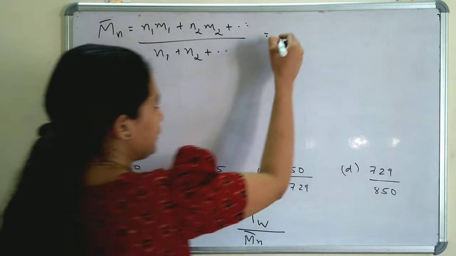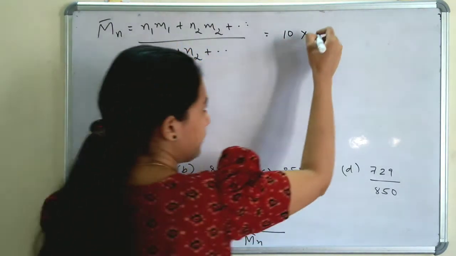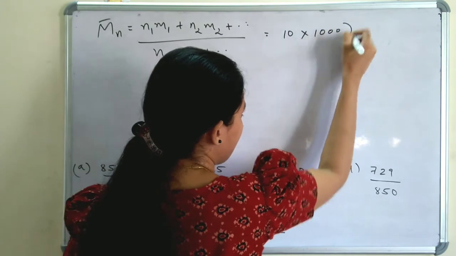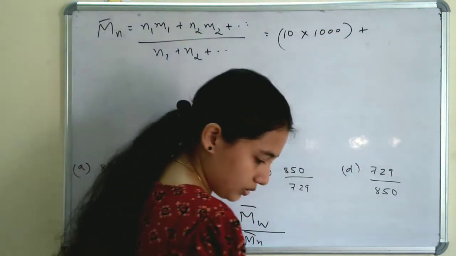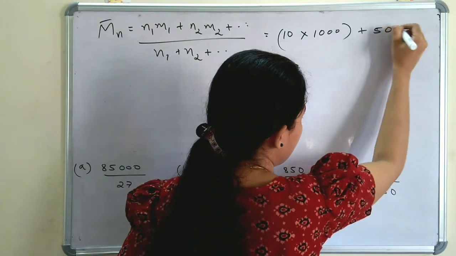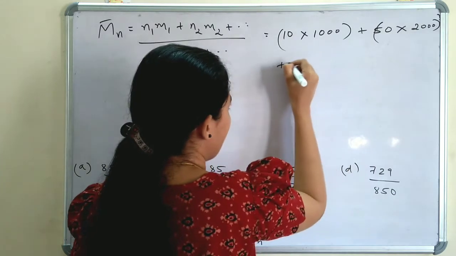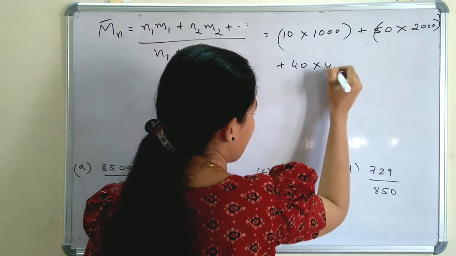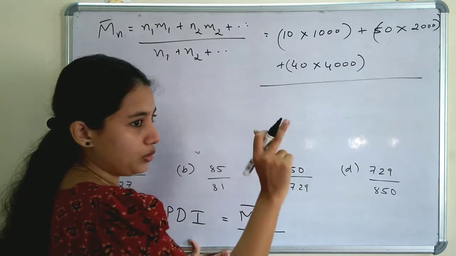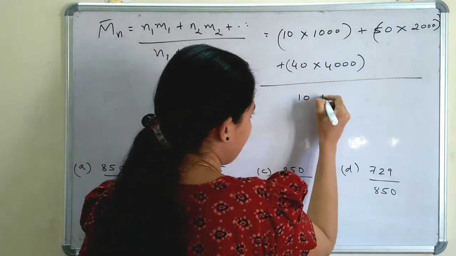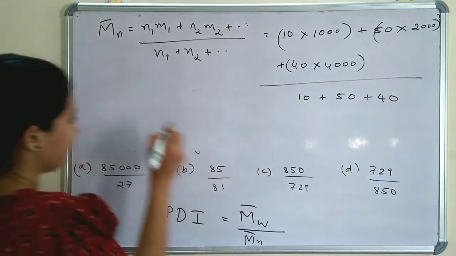So here n1 is 10 into molecular weight 1000, plus n2 is 50 into 2000, then 40 into 4000, divided by n1 plus n2 plus n3, 10 plus 50 plus 40.